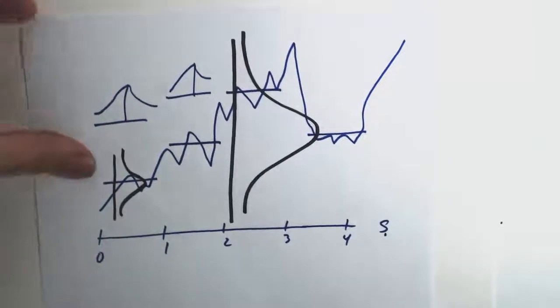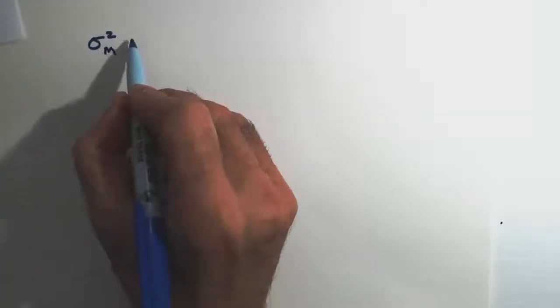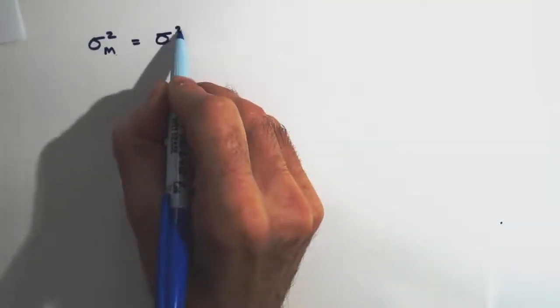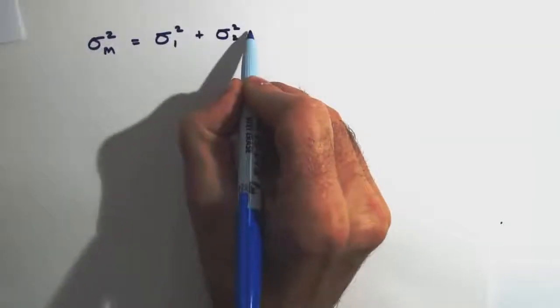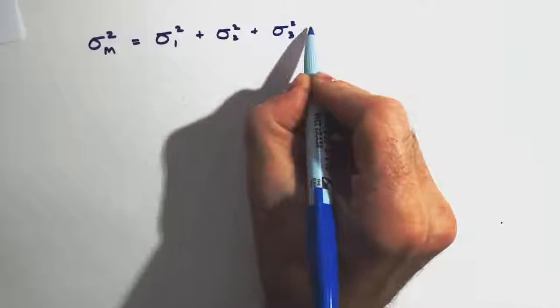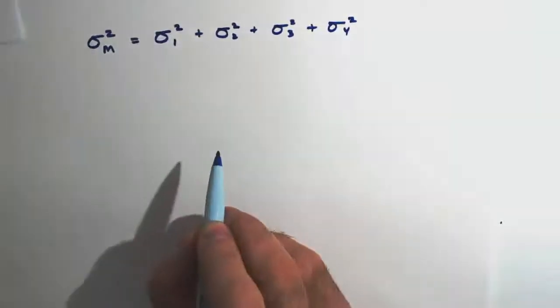So mathematically, what we have here is this. If we want to look at the variance of a month, that's going to equal the variance of the first week plus the variance of the second week plus the variance of the third week plus the variance of the fourth week. Okay?